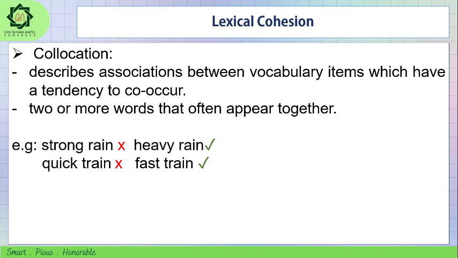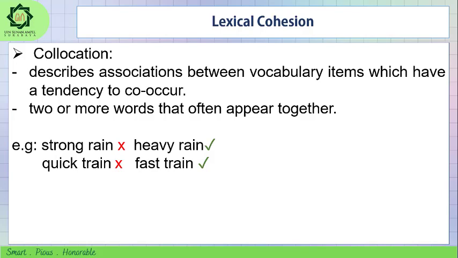And then we have collocation. Collocation describes associations between vocabulary items which have a tendency to co-occur. Or the simpler definition is two or more words that often appear together because of the habit of usage. For example, English native speakers usually say heavy rain because it is the habitual usage of this phrase.